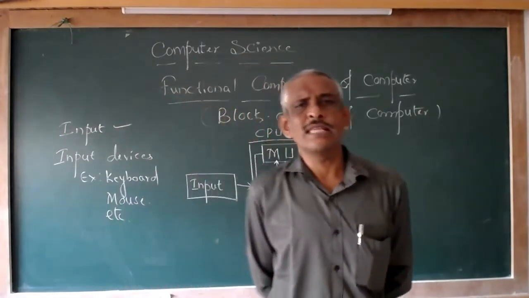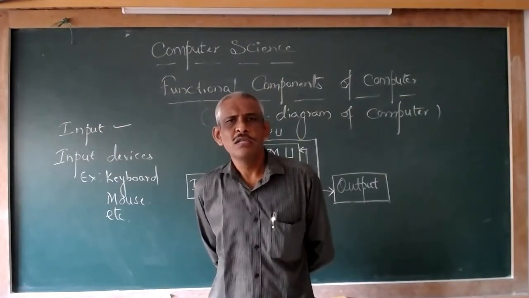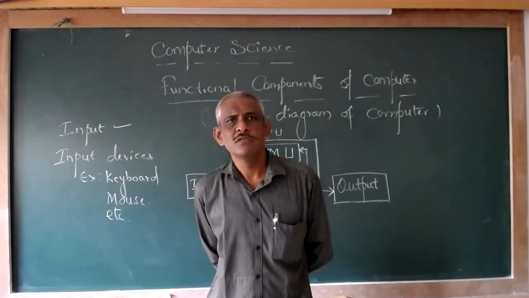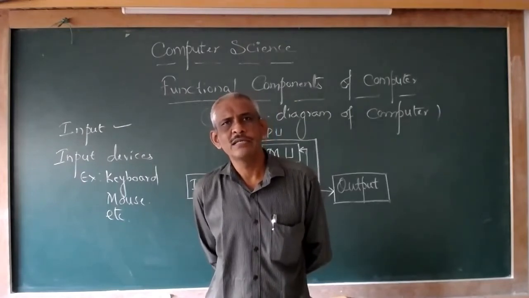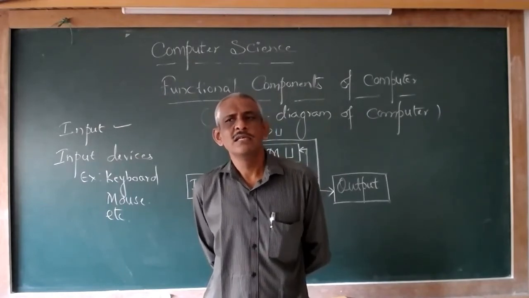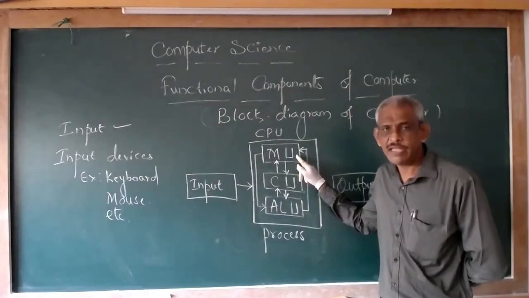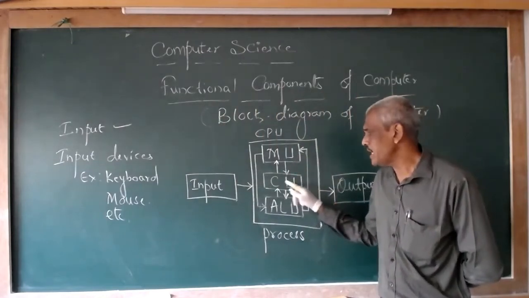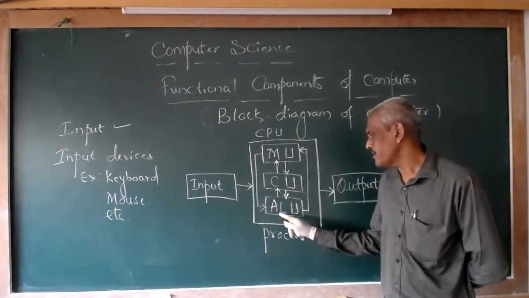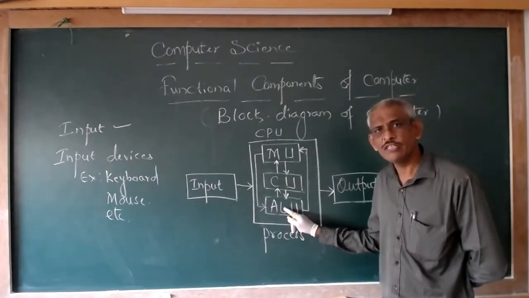The Central Processing Unit is further divided into three more blocks called as MU, CU, and ALU. Here, MU stands for memory unit, CU stands for control unit, and ALU stands for arithmetic logic unit.